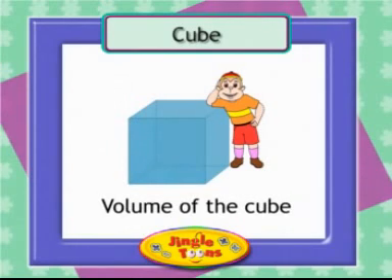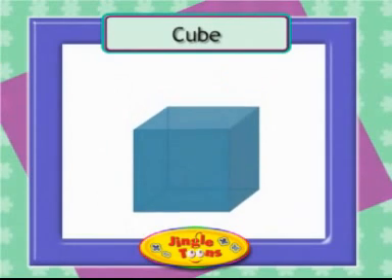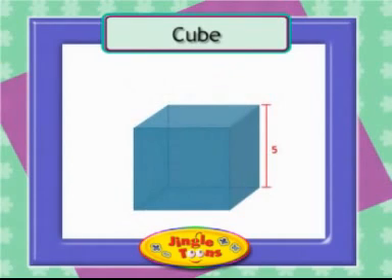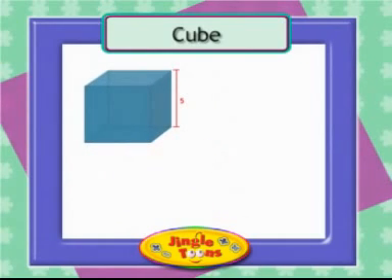Volume of the cube. The formula to find the volume of a cube with the side length A: volume of the cube is equal to A cube. If you have to find the volume of a cubical box with the side length of 5 inches, here is what we will do.